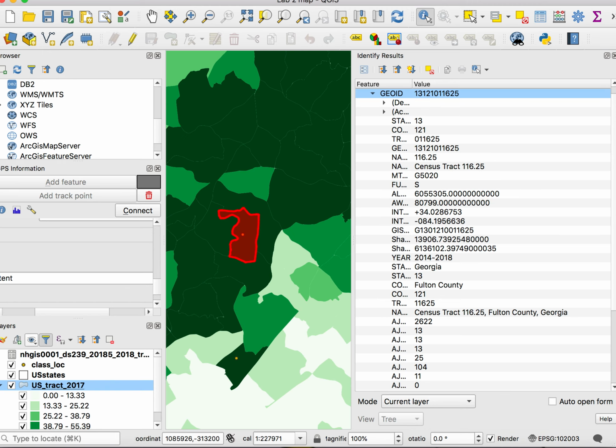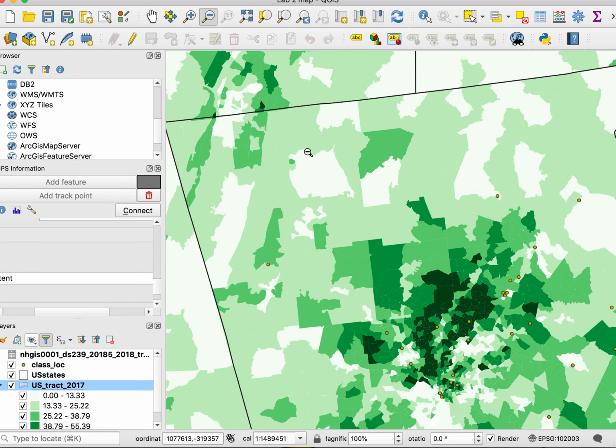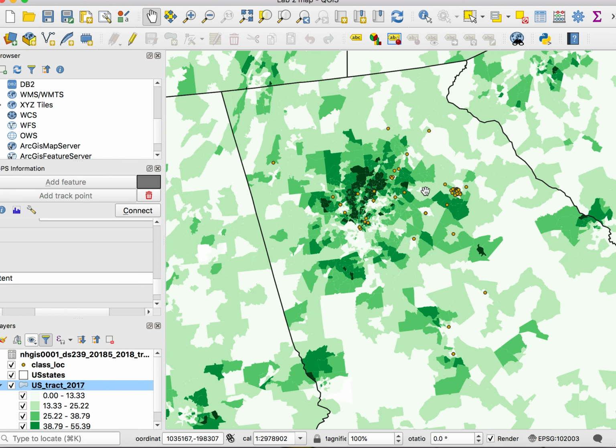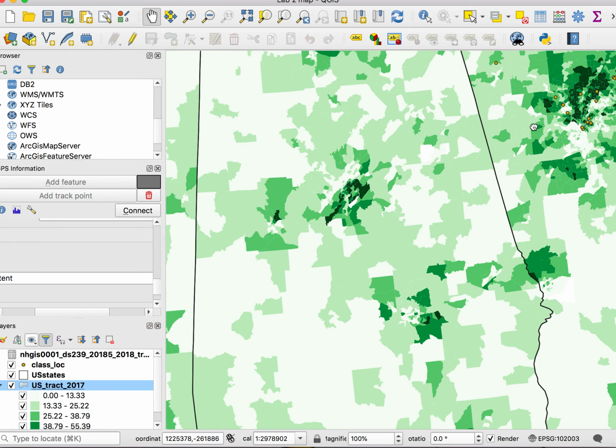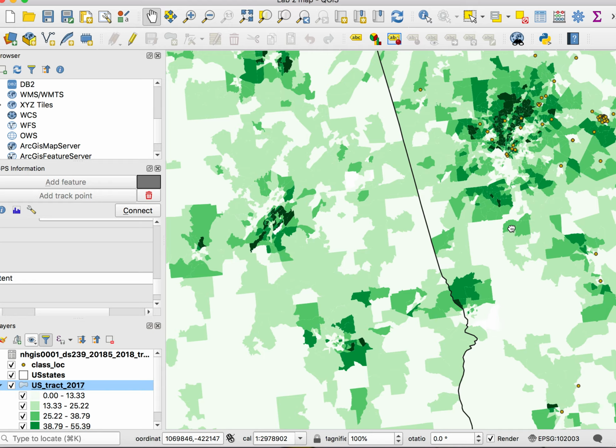A geographic trend that I've noticed on the map is that the density of high income households tend to be surrounding large urban centers. As you can see, here is Atlanta, and then in Alabama you have Birmingham and Montgomery.